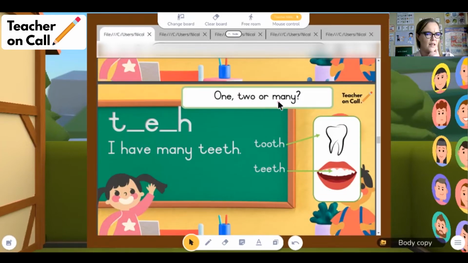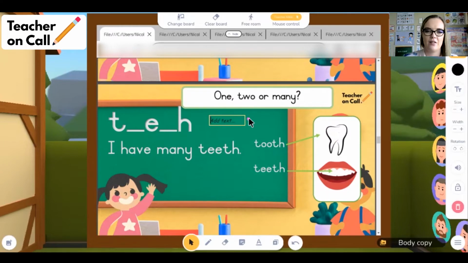One, two, or many. I have many teeth. One tooth. Many teeth. So teeth is different from ears and eyes. When we spoke, we added an S onto ears and an S onto eyes.